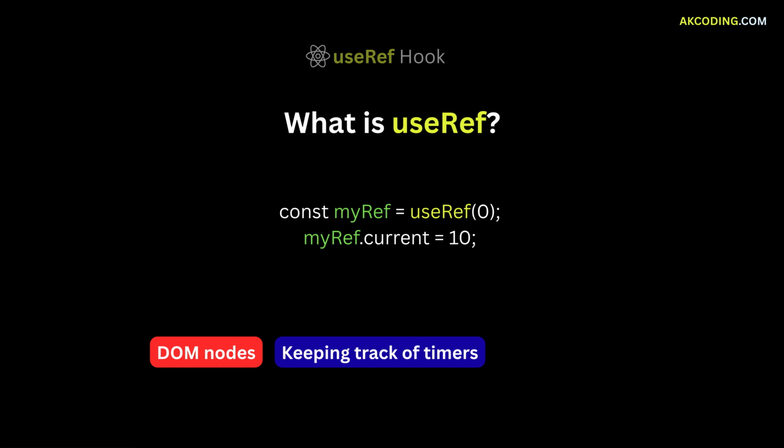Let's suppose you are sending an OTP and you have used a timer that will count down to resend the OTP. In that case, it will be useful. Or to store a mutable value that doesn't need to trigger a re-render.